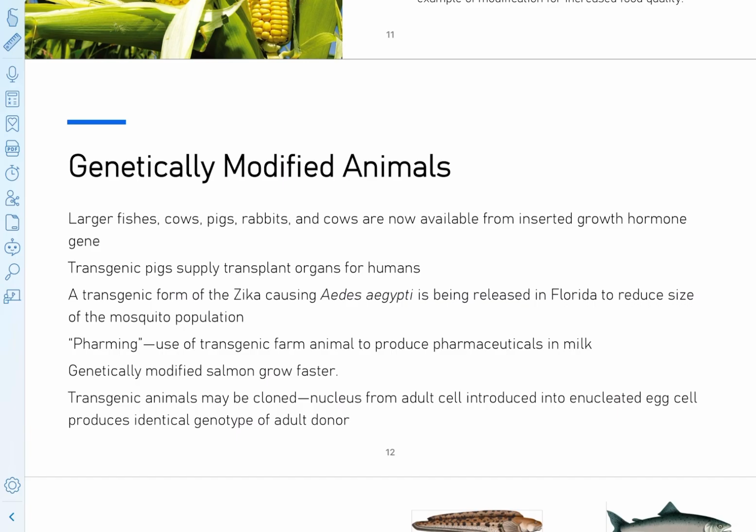So this allows for the mass production of therapeutic proteins in a more cost-effective and sustainable manner. So pharming is still in its early stages, but it does hold a lot of promise for future medicine by being able to offer cheaper and more accessible treatments for a variety of different conditions.